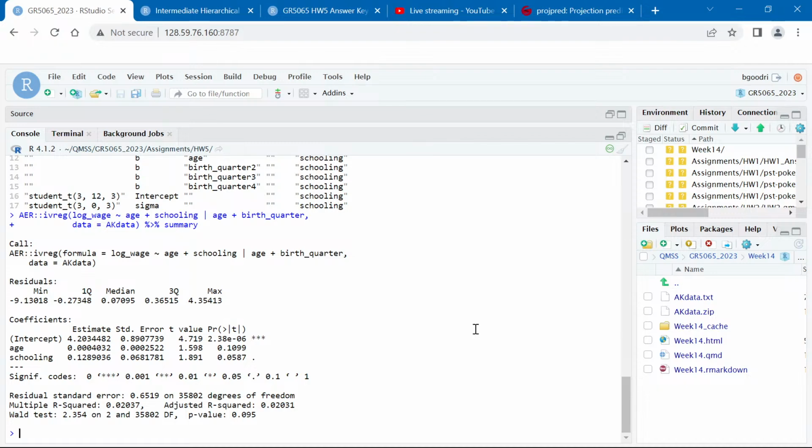And this paper in particular spawned a lot of research on the so-called weak instruments problem. This basically says when your instruments are not that great a predictor of the outcome variable, conditional on all the other stuff, then the behavior of the estimator in finite data sets, even finite data sets with 35,805 people in them, is ridiculous.